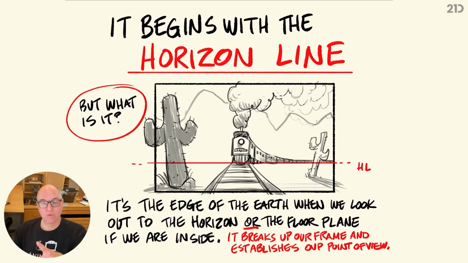This is really important for perspective too. I'm not going to get so deep into perspective. There's videos you can rent and books that you can buy, and all kinds of information about perspective. But the horizon line is really core for that because everything works off of that horizon line oftentimes. It breaks our frame up and it establishes our point of view.